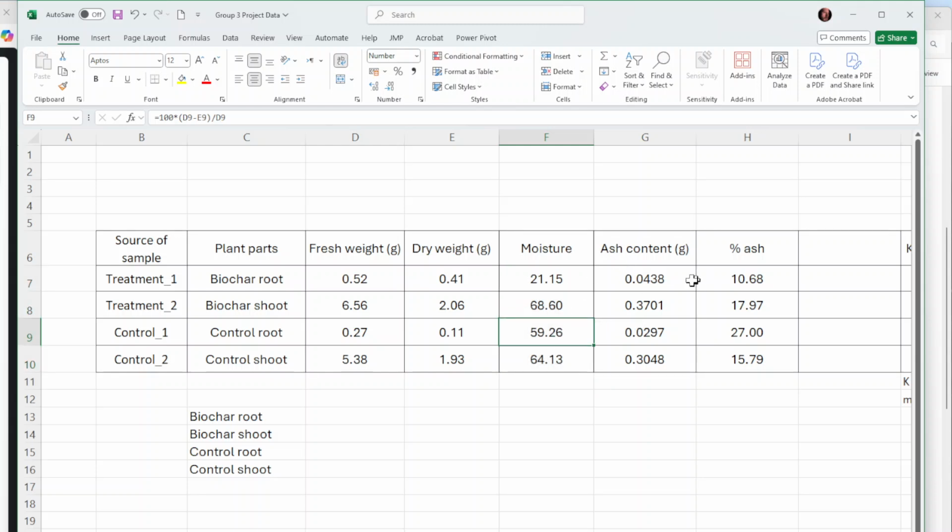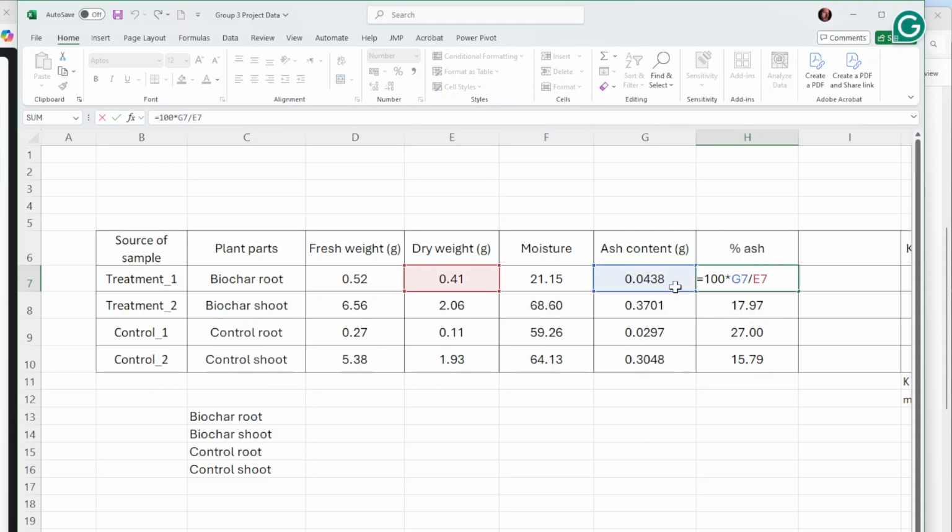The ash content, you can do the same thing. So this is the grams of ash that you get from this dry material. The 0.41 grams of dry material gave you 0.0438 grams of ash. So how much does that mean in ash content? It means that you have, in this case, 10%.